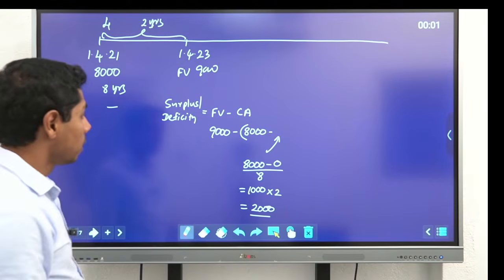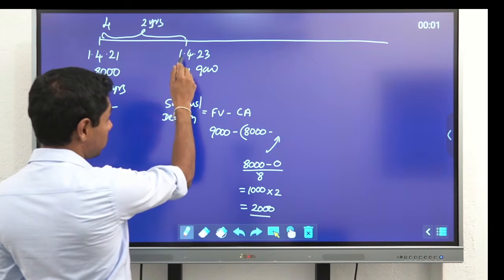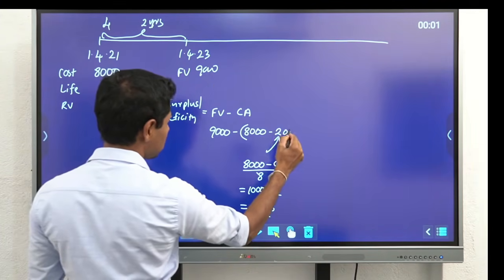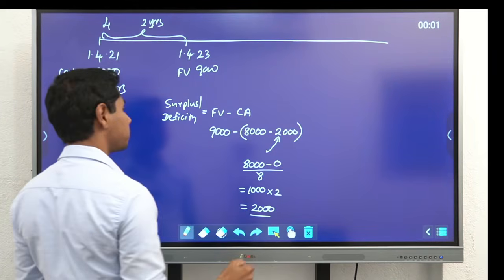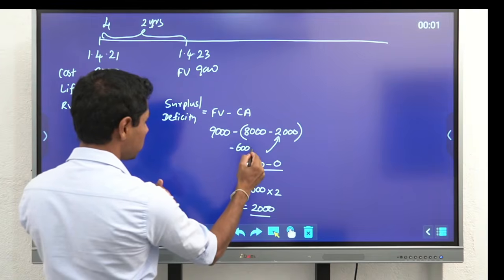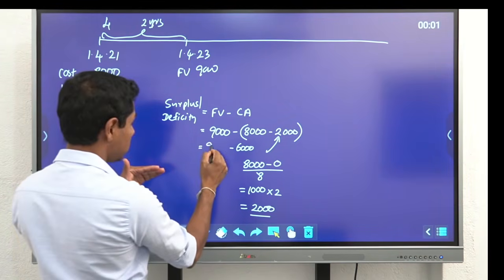So accumulated depreciation at the date of revaluation, 1st April 2023, is 2,000. So the carrying amount is 6,000, but the fair value or revalued amount is 9,000.